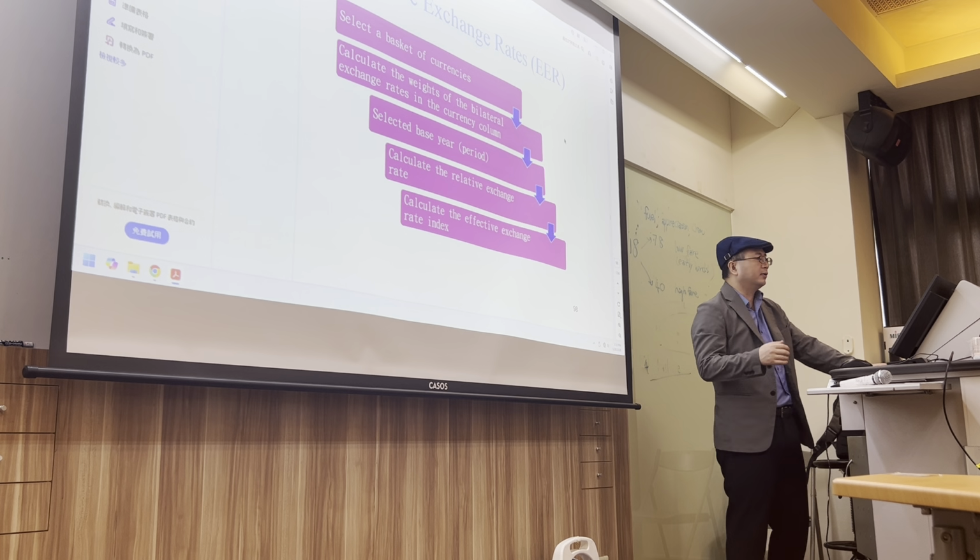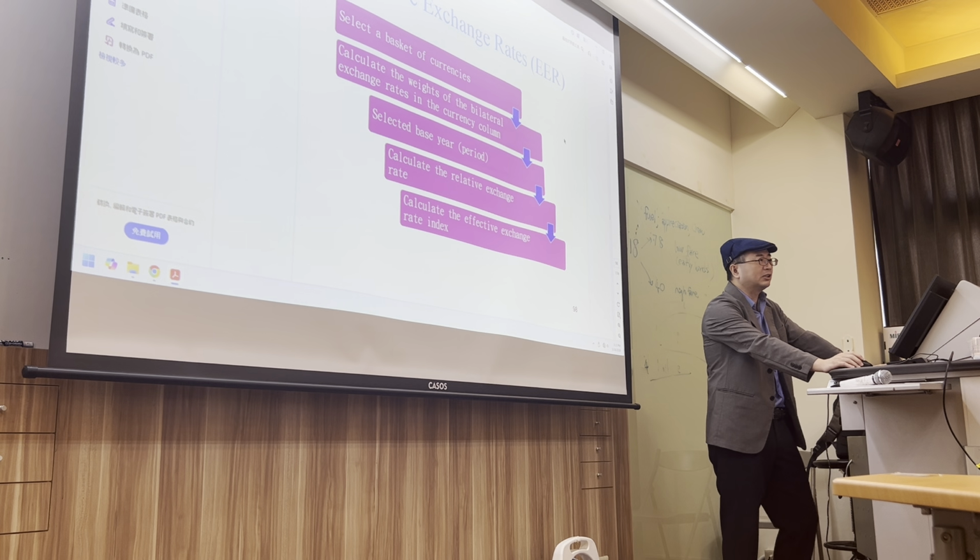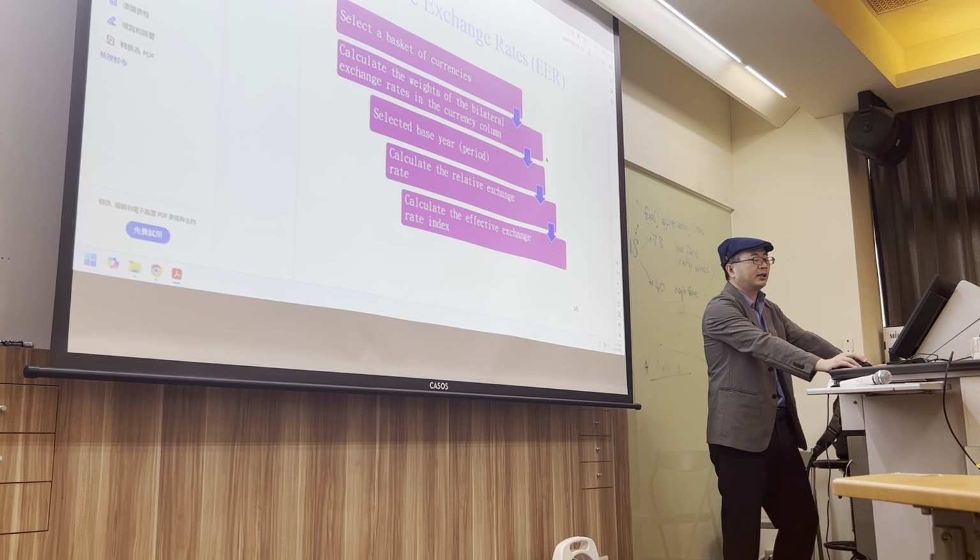Okay. First, you pick a basket of currencies related to Taiwan trade. Okay. And second, you calculate the weight of the bilateral exchange rate in the currency column, and then you select the base year, okay, which is the most stable year, okay, and you can calculate the relative exchange rate, okay, and then you calculate the effective exchange rate index, all right.